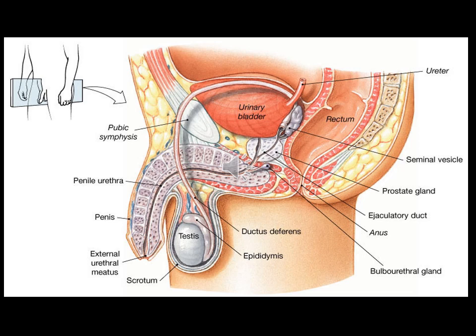One small incision on the back of the spermatic cord, we can hook the ductus deferens, and then it will pass into the pelvis and it will cross the ureter at the base of the bladder before it joins the duct of the seminal vesicle to form the ejaculatory duct.